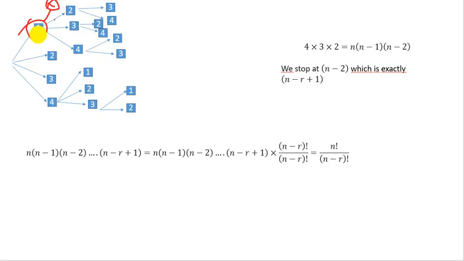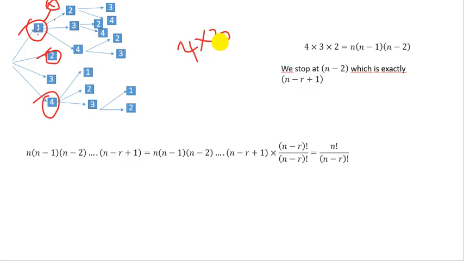So here also, if we got 2, we cannot use it again, so we use 1, 3, and 4. Here if we got 4, we cannot use 4 again, so we use 1, 2, and 3. So for the next level we need to subtract 1, so it is 4 times 3.